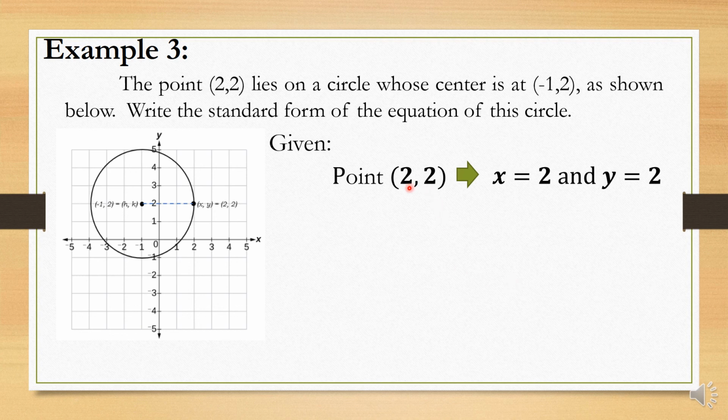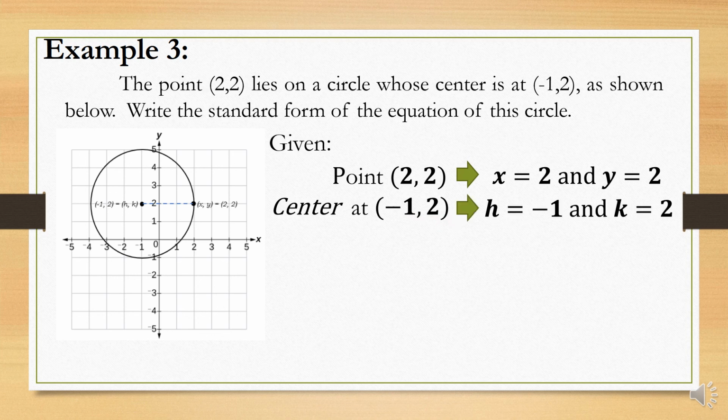This is your x, the first element, and this is your y, the second element. That's why we have 2 for x and 2 for y. We also have the center at the point with the coordinates -1 and 2. So we have the values of h and k.